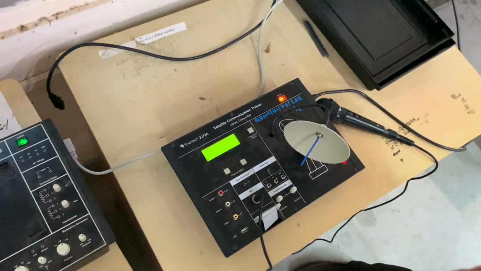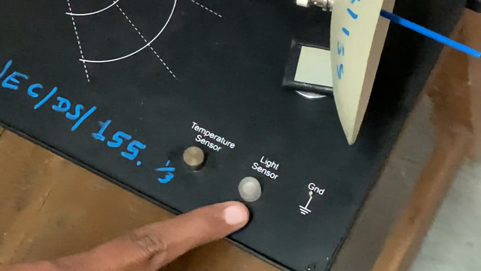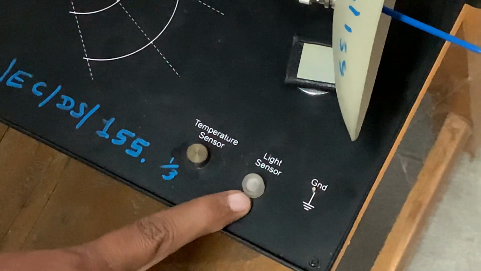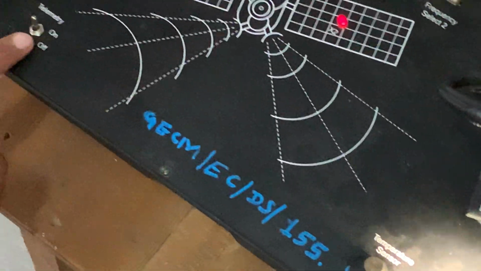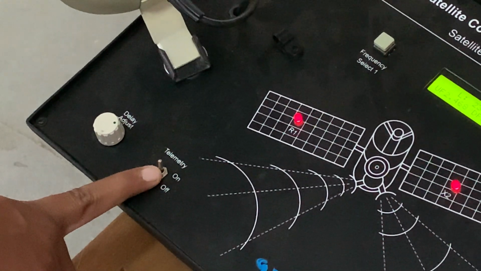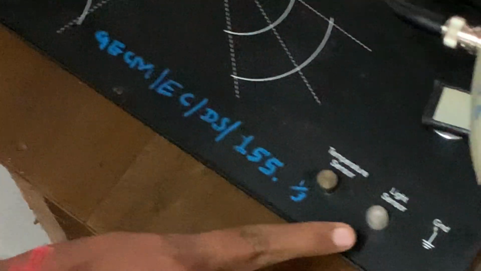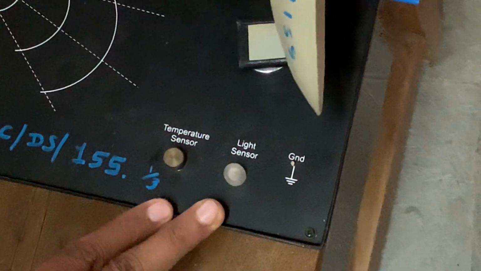Okay, now let me go to the transponder. At the transponder, the light sensor has already been given over here. You can see the light sensor. To do this experiment, keep in mind this telemetry knob should be on. As of now, you can see the light sensor is in a normal position.